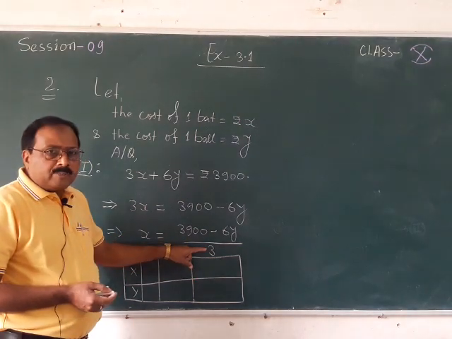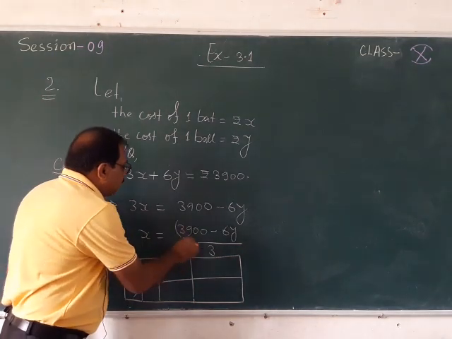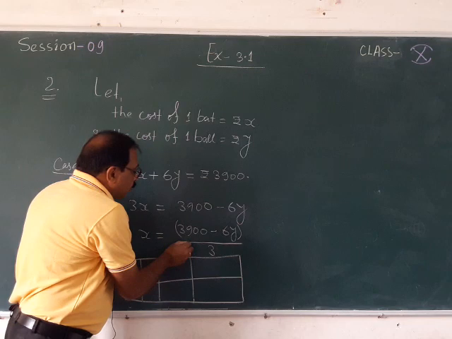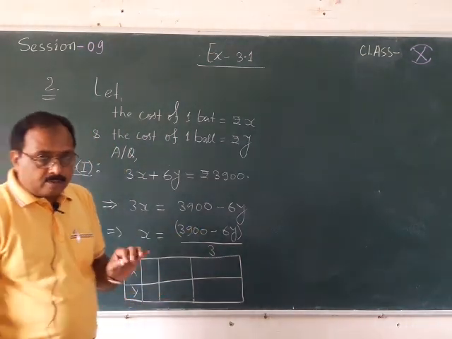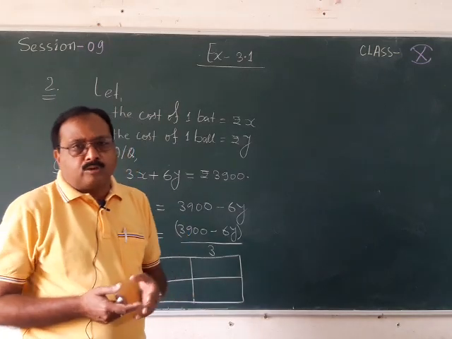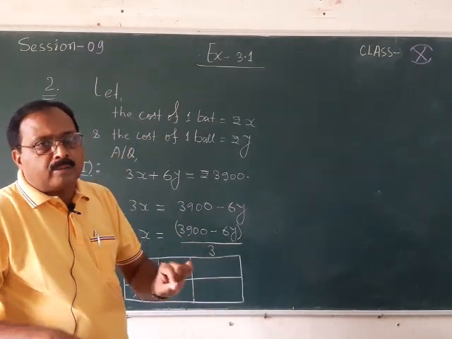But here you have to keep in mind that whatever value comes at the numerator, at the denominator you have 3, so 3 can divide it and you can get a whole number.